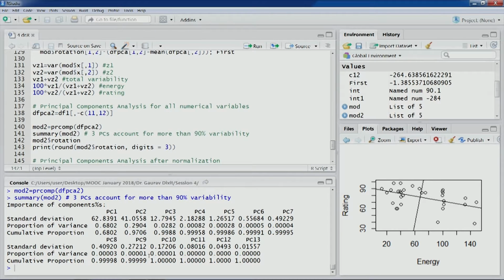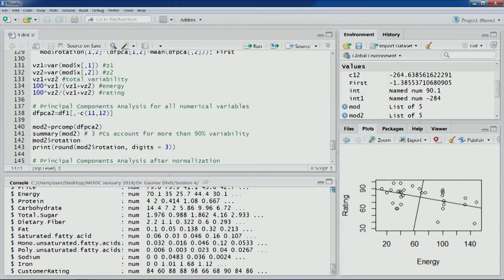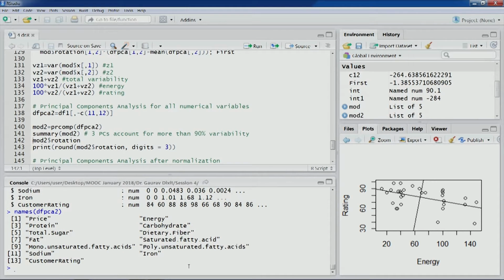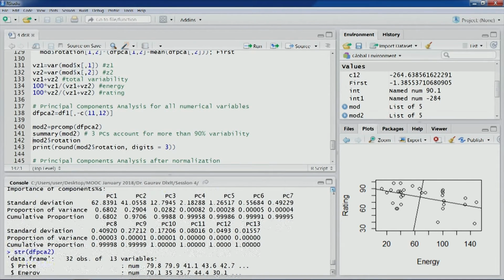If we count the number of variables in this new data frame, we can apply the names function as well. 13 original variables were there, and now we have 13 principal components.